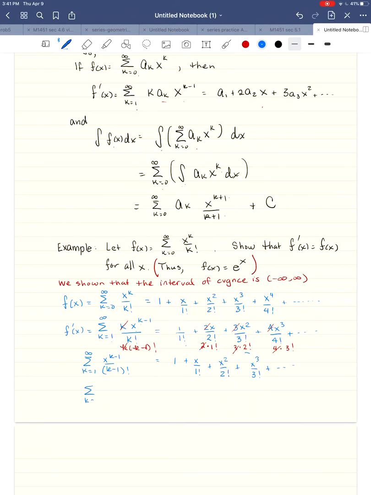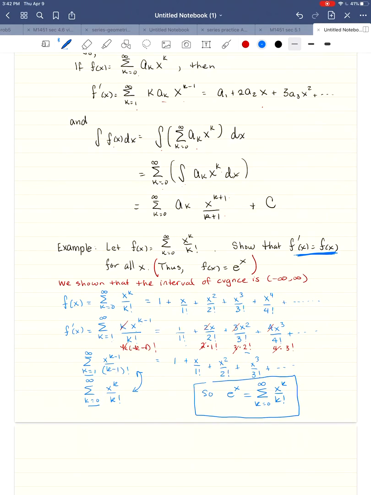But notice that that gives me the exact same terms as this, if I change the index down by 1 by increasing the expression in front by 1. So I found a function whose derivative is itself. And we know that there's only one function whose derivative is itself, and that's e to the x. So what we found is e to the x is equal to the sum of x to the k over k factorial from k equal to 0 to infinity.